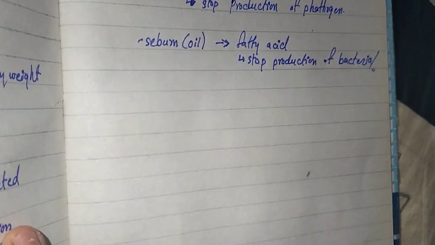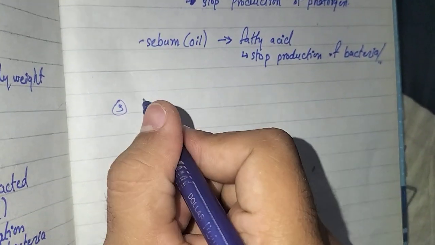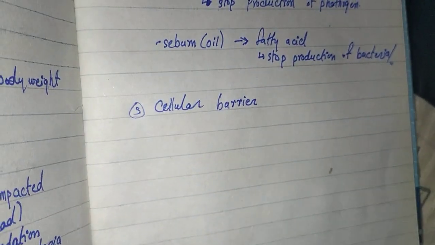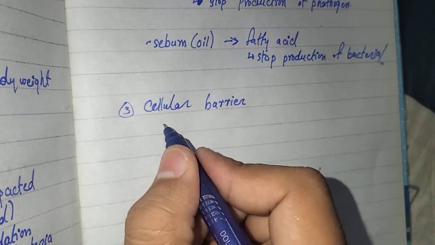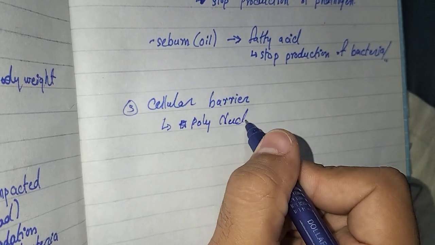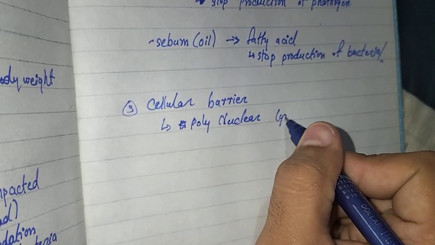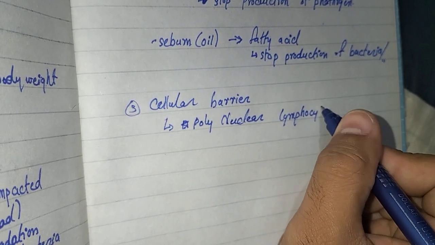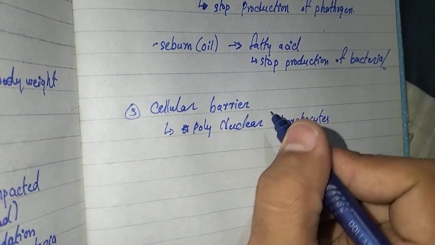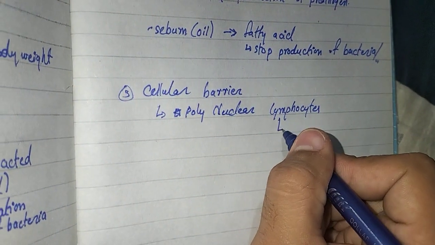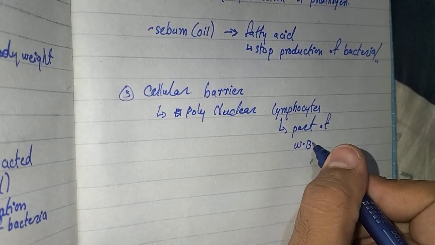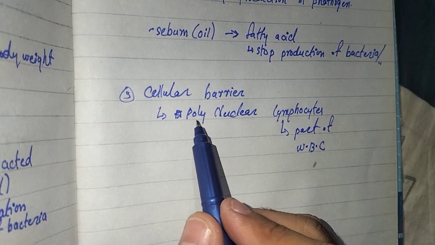Next we have the third barrier, the cellular barrier. It includes polynuclear lymphocytes.